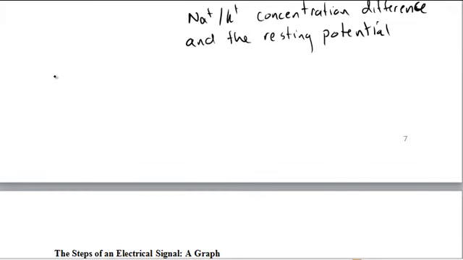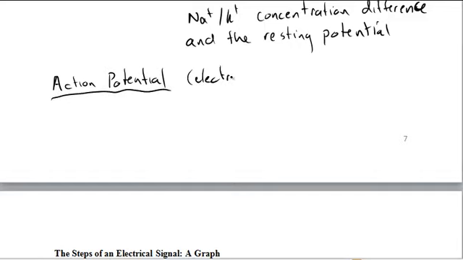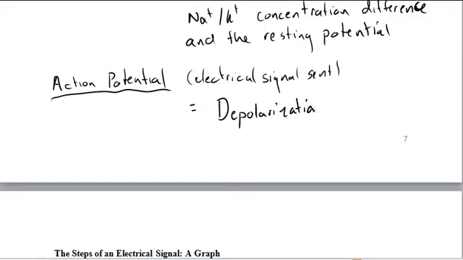What's called the action potential, when the signal is actually being sent. So electrical signal sent. Really involves the combined process of depolarization plus repolarization.